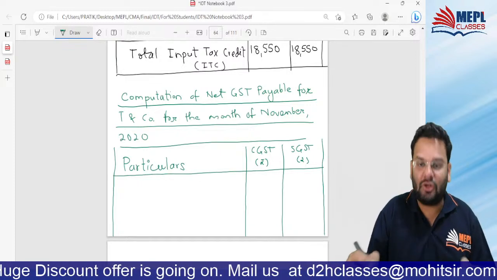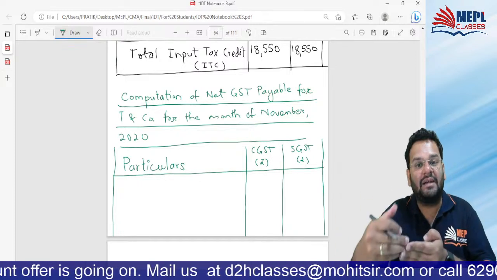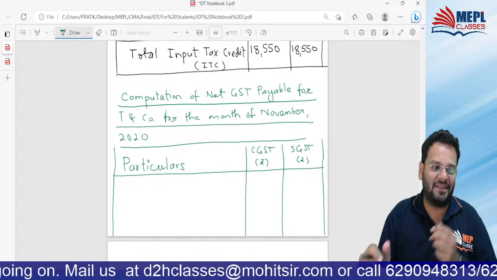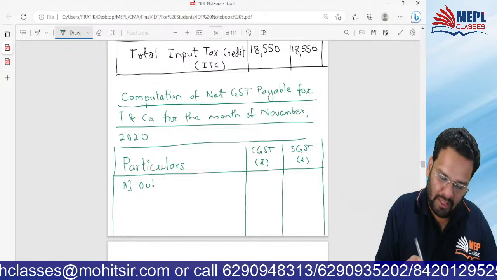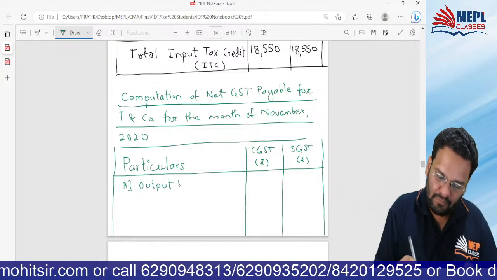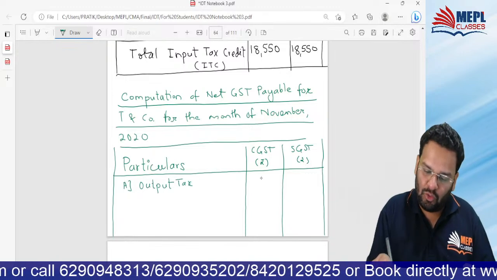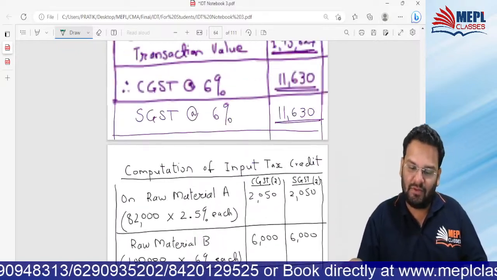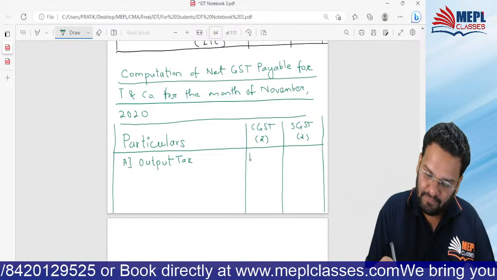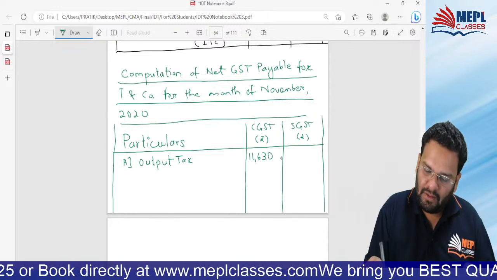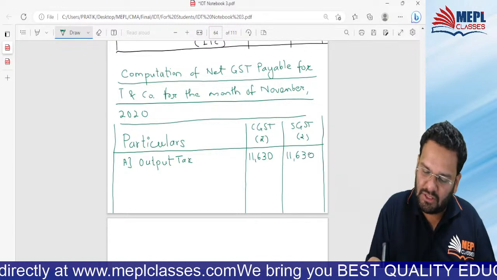Output tax is of CGST and SGST and ITC is of the same CGST, SGST. So, A point, output tax. We have calculated it, 11,630 each.